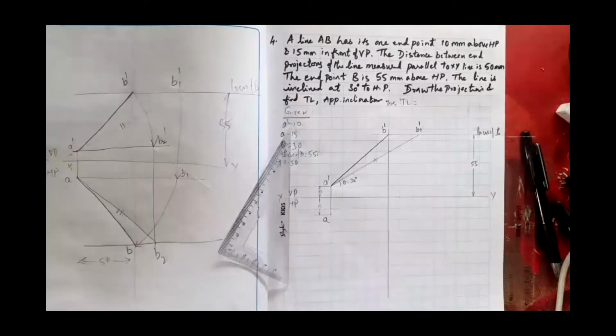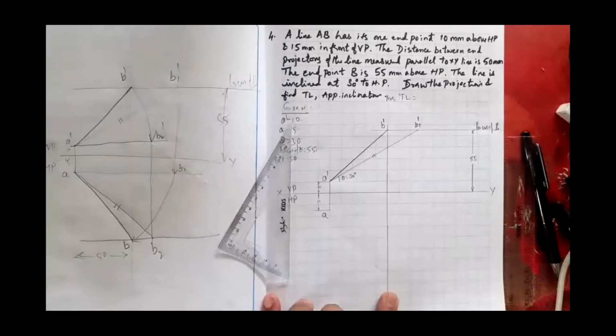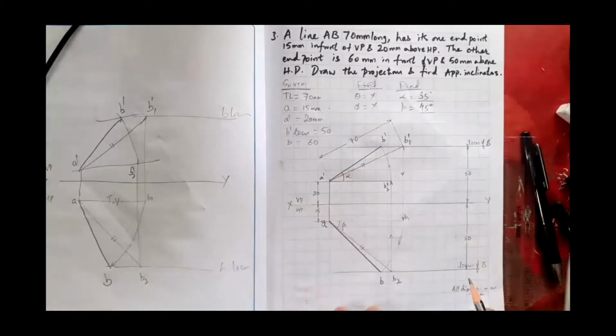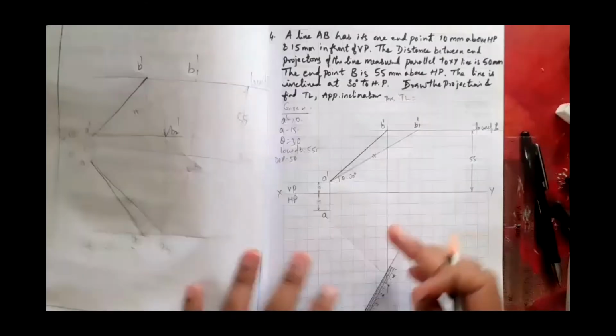So if I want to obtain the answer here, in the previous case, what happened? 60 mm was given and locus of B was found out. But now I know the distance between end projectors line. So what should I do?